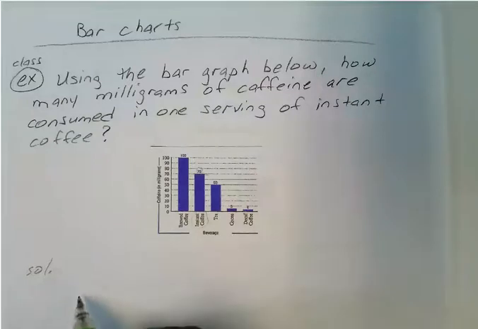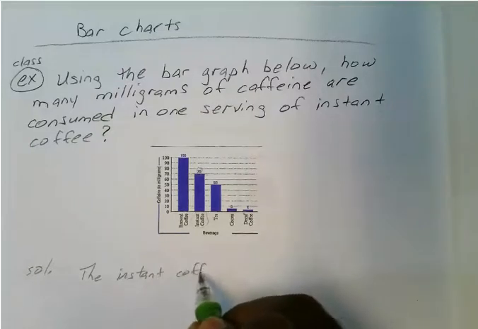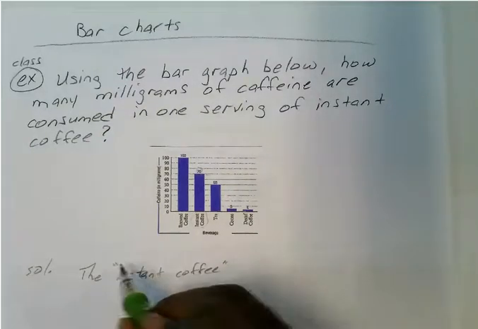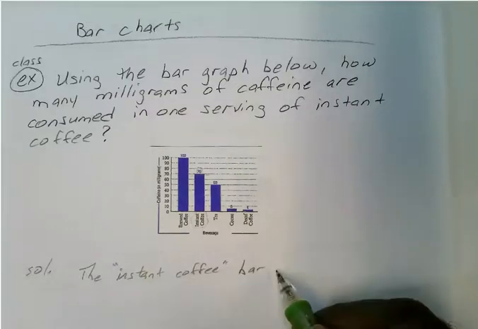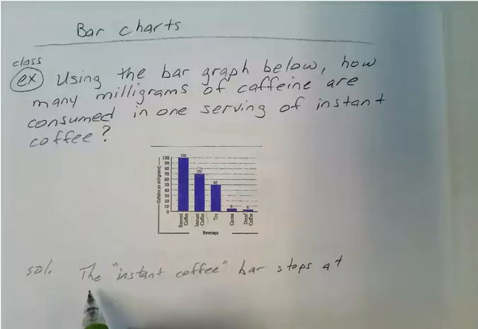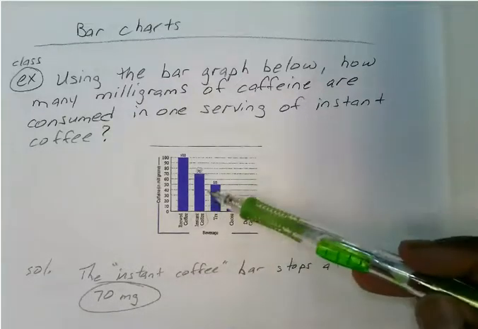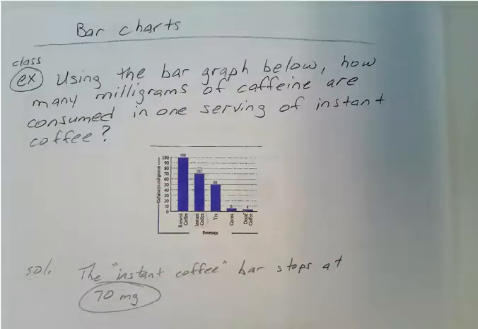Okay, so you see there the instant coffee bar stops at 70 milligrams. Okay, so that's how much caffeine you have in one serving of instant coffee. All right, so if you are still writing, again, feel free to press pause.